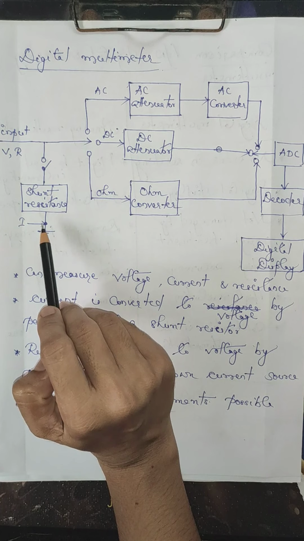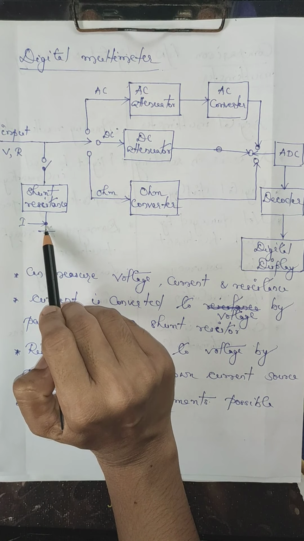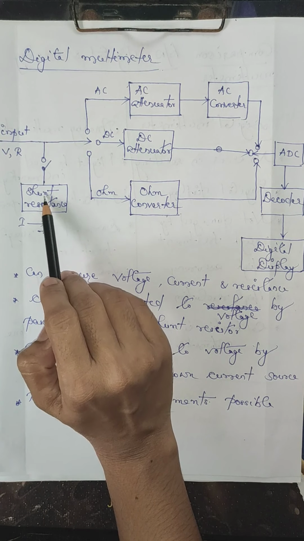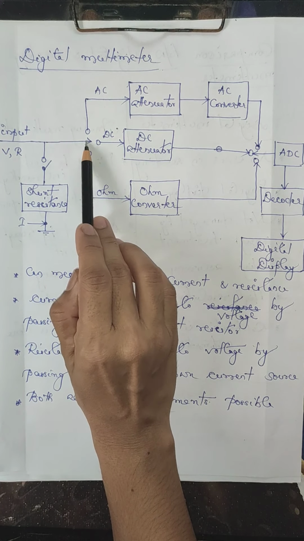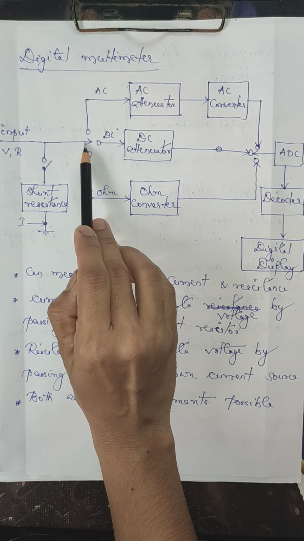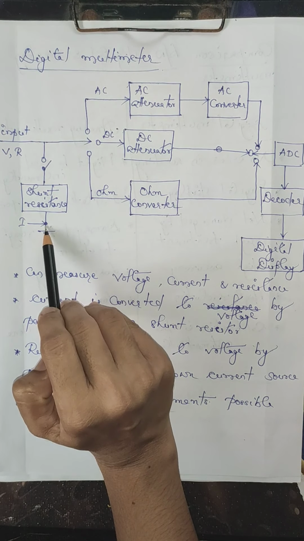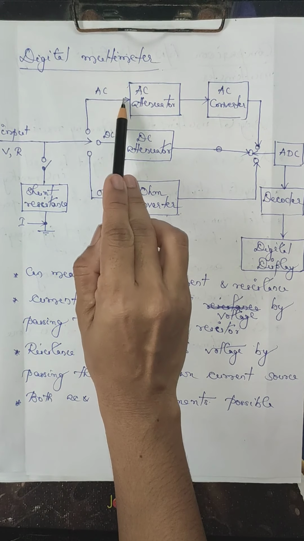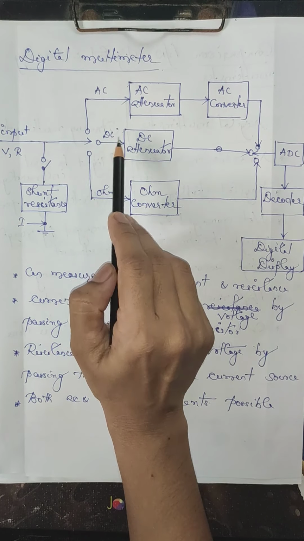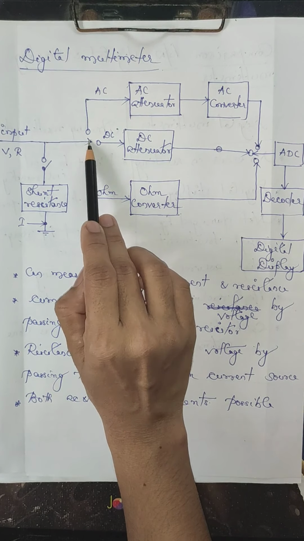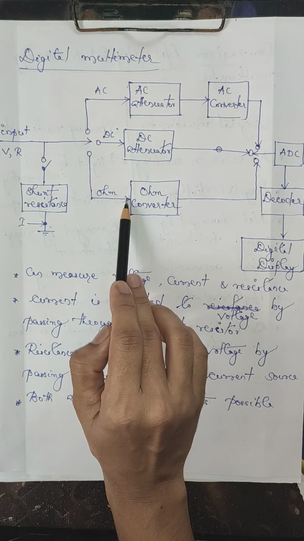Now, if it is a current signal, it has to be converted to a voltage by passing through a resistor. And that equivalent voltage is also fed to this point if we have to measure a current. Then, depending on whether that current is AC or DC, the equivalent voltage signal chooses either this path or this path. Now, if we have to measure a resistance signal, the signal is passed through this path.